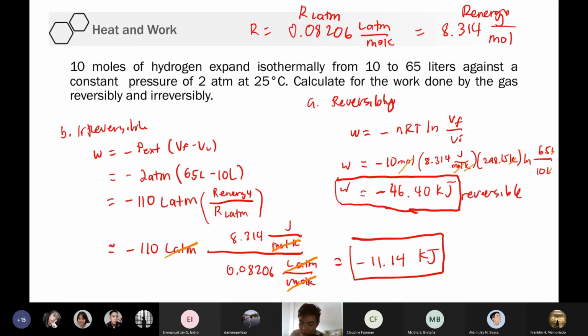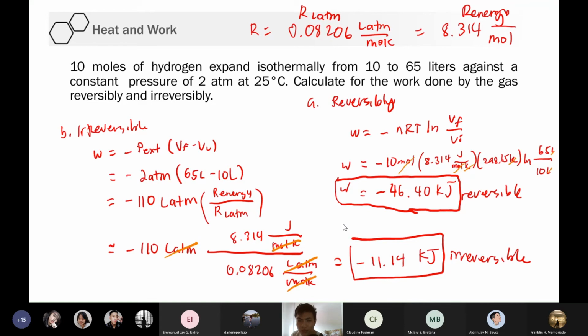Ito yung reversible. Ito yung irreversible. Is it same as sa logic natin kanina? Yes, no? Kasi sabi natin sa logic kanina, based on the graph, mas malaki yung reversible kaysa sa irreversible. Kasi looking at the graph, mas malaki yung area under the curve than the square sa ilalim kapag expansion process.